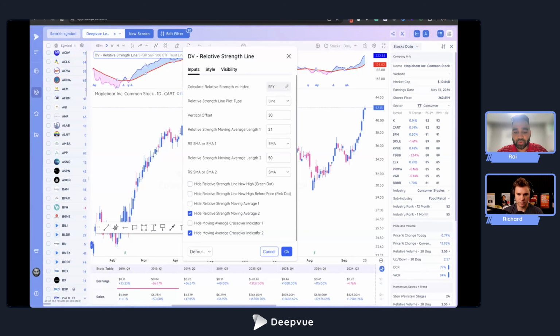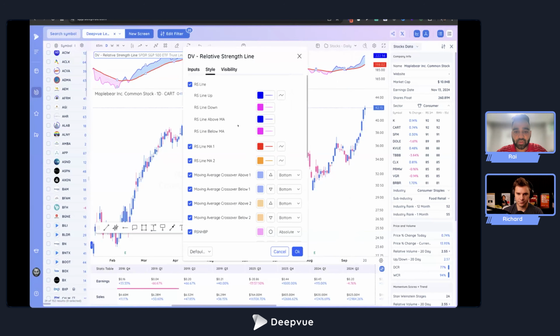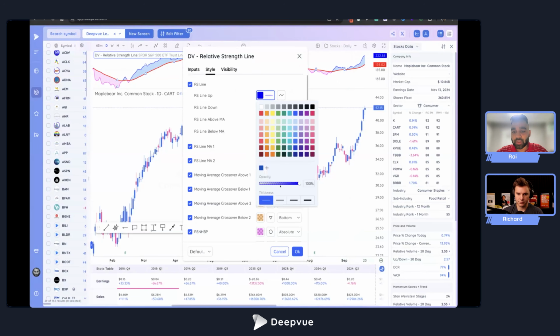These will show up as well. We have these crossover indicators where, when you cross above and you're exhibiting relative strength on a 21-day basis versus the S&P, you'll have this crossover. I don't tend to use this a lot, so I hide it just to keep the setup very clean. And then you could also mix up the colors as well. You can make your lines darker if you like, or thin.